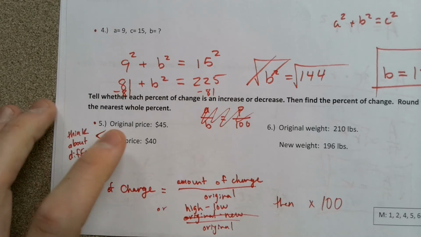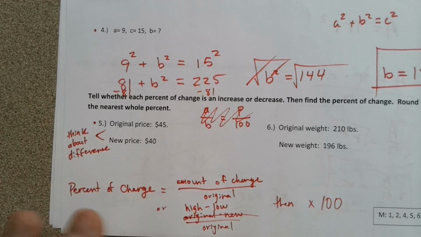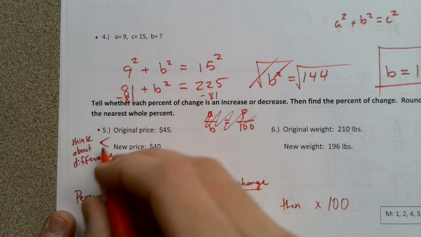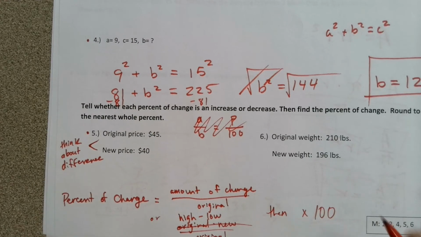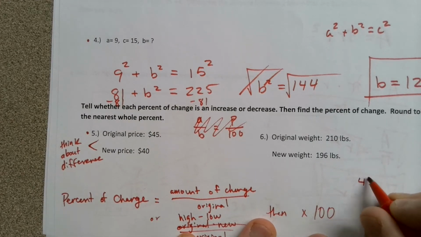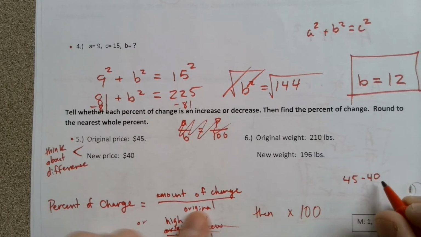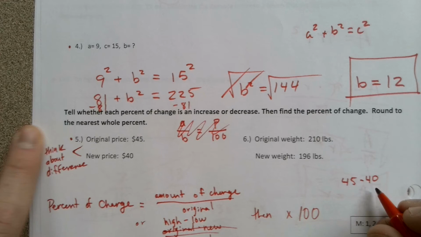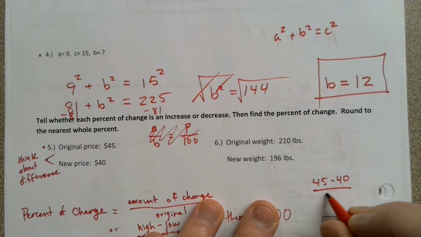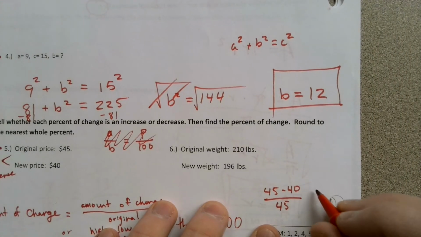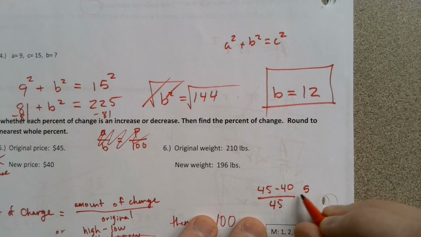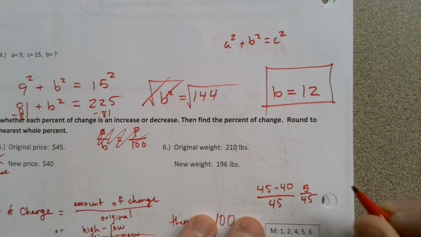So for number 5, we have our amount of change. What that really is asking us to do is find the difference between these two. The amount of change is going to be 45 minus 40. And then we're going to divide that by the original. The original is 45. 45 minus 40 is 5 divided by 45.